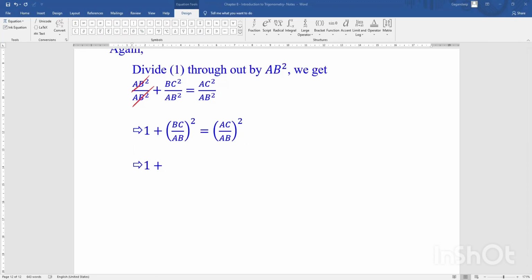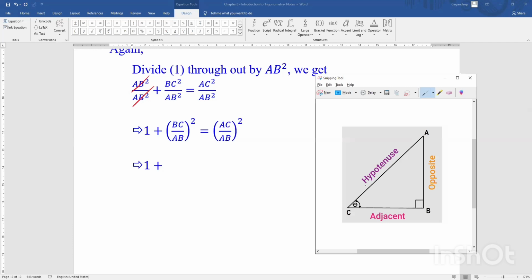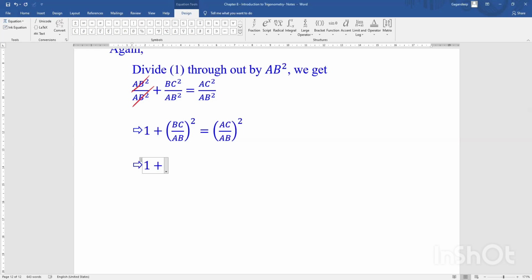Similarly, AC is hypotenuse, AB is opposite. So let us write that: 1 plus adjacent by opposite the whole square equals hypotenuse by opposite the whole square.